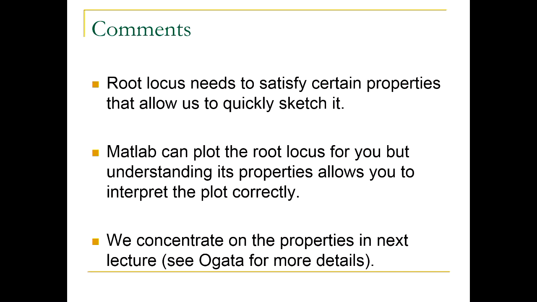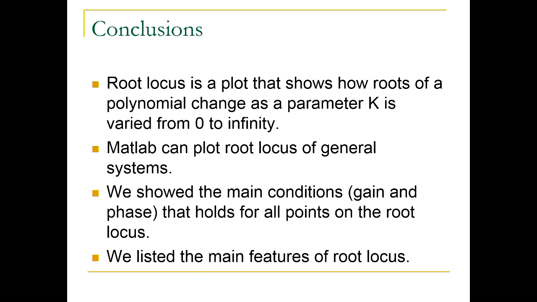Once you have all of them, it's like forensics, like a crossword puzzle. You just connect things. If you solve a few examples, you will know exactly how to connect them. So sketching root locus is very easy once you know all these features. In this lecture we introduce these features. Tomorrow, we will learn how to plot them.